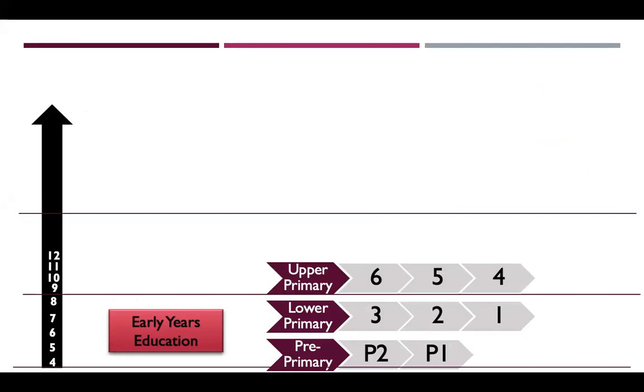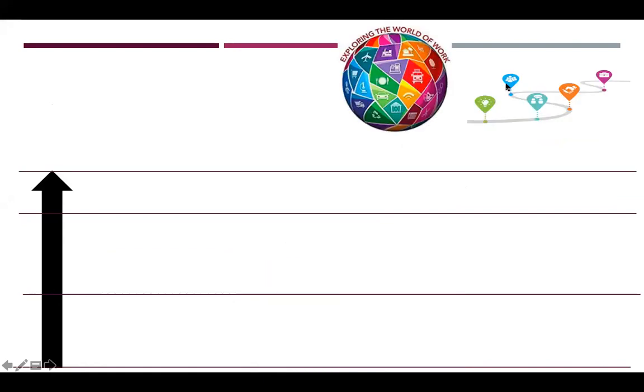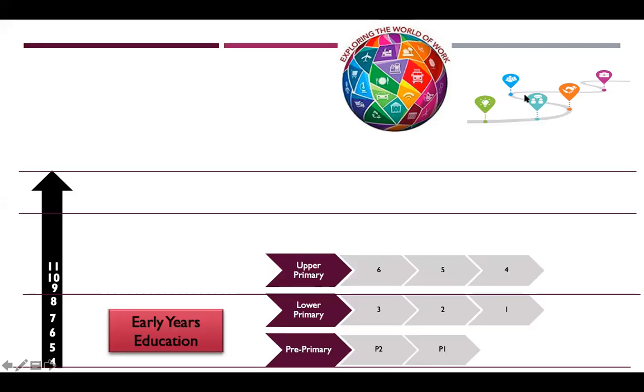Now, once they move into middle school, where we are talking about them being in upper primary, and they've become a little older, let them now begin to appreciate their progression routes. Let them begin to appreciate, why was I doing a portfolio? Why was I collecting things? It is because they are moving towards a pathway, okay?